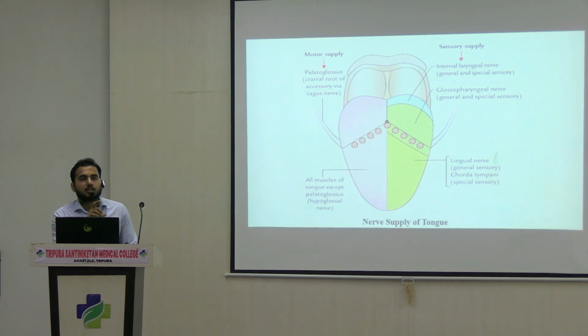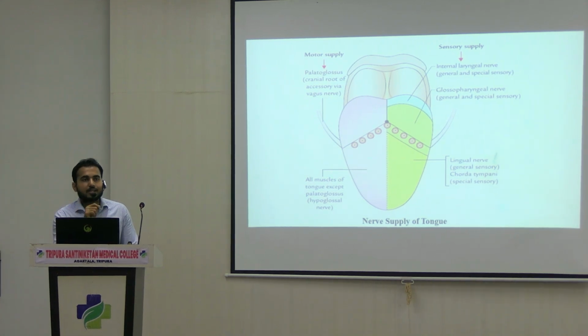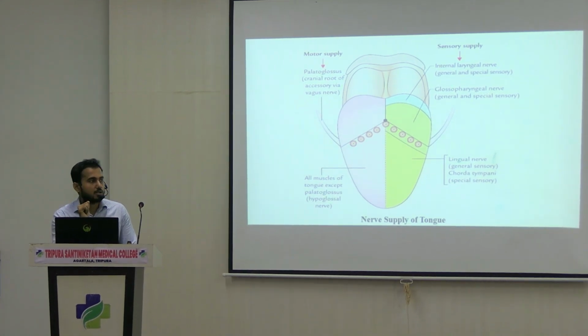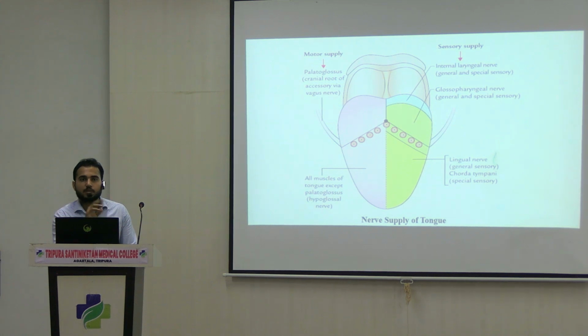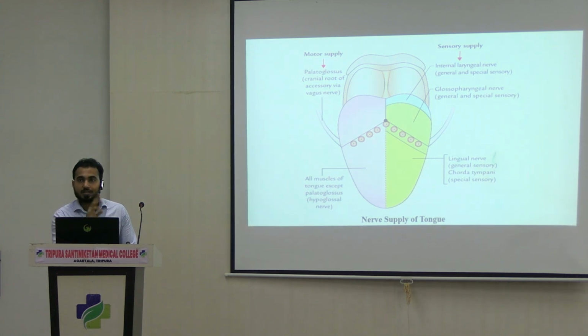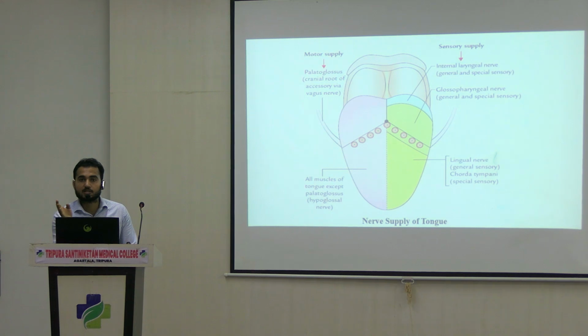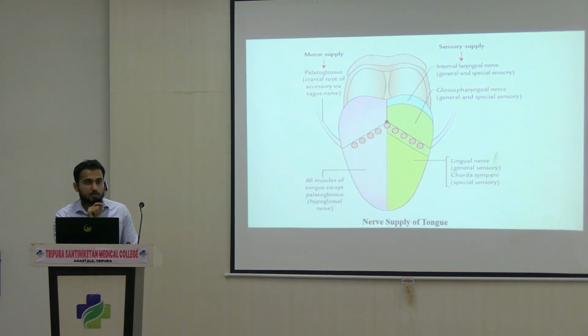After that, we have discussed the sympathetic nerve supply, then sensory nerve supply. In sensory nerve supply, two different types of sensations are there: general sensation and a special sensation, that is the taste sensation. So these are the important points which you have to mention whenever you are writing about the nerve supply of tongue.